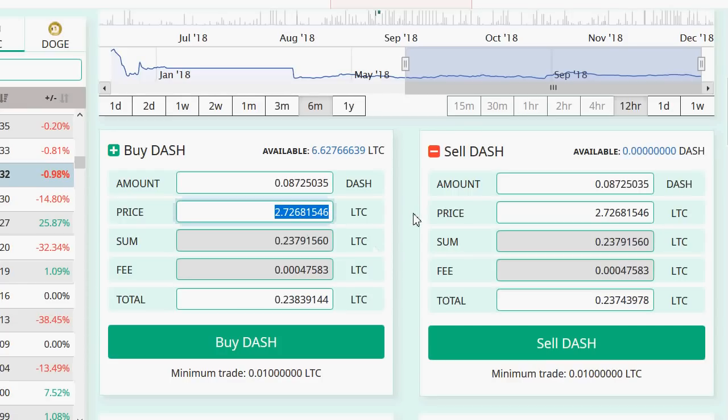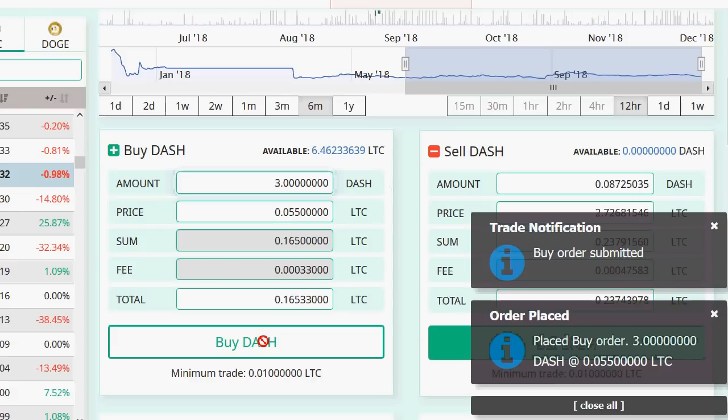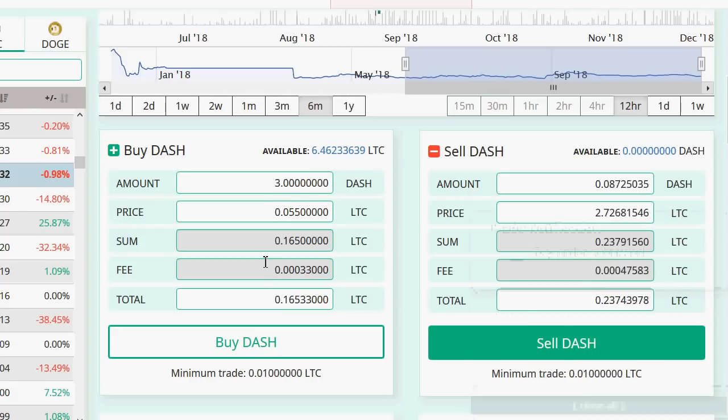Well, a 100x move would be 0.027. So 0.05? How much could I get one Dash for? Oh, only 0.05 Litecoin? Well, let's buy 2 there. 3, sure. So if something insane like this happens, then I got it.